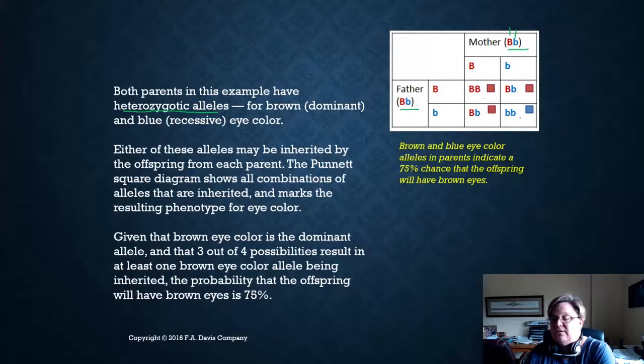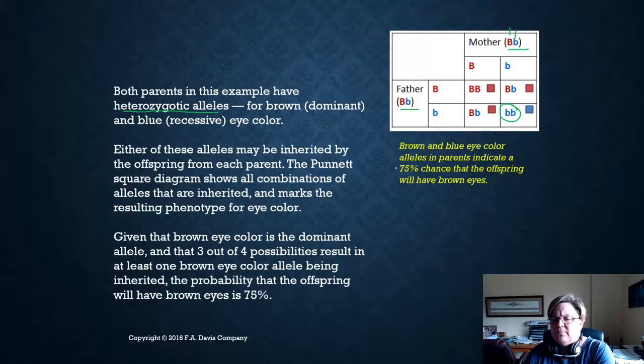In order for the child to have blue eyes, they have to have 2 of the recessive alleles. So brown eye color is dominant, and because of that, this allele results in a 75% chance or probability that the child will have brown eyes.